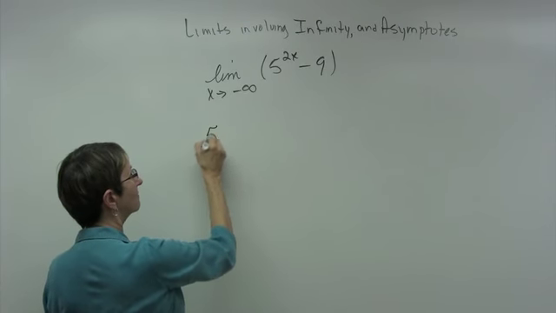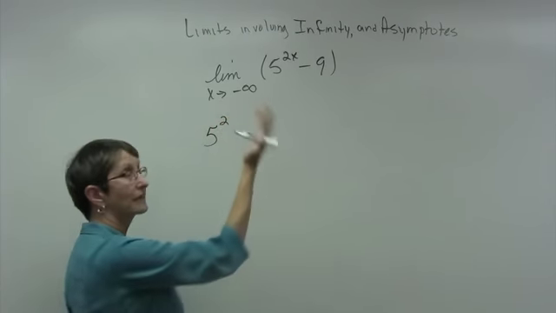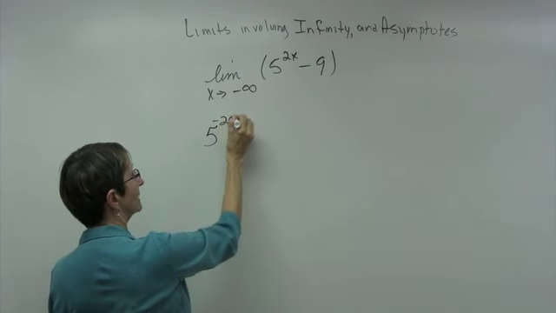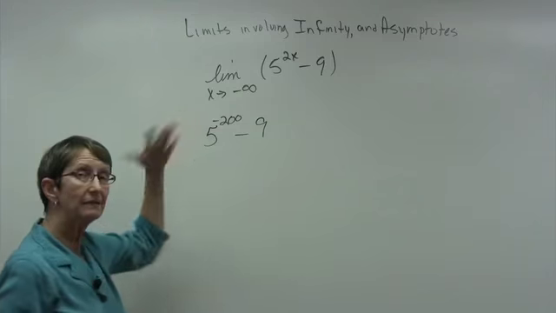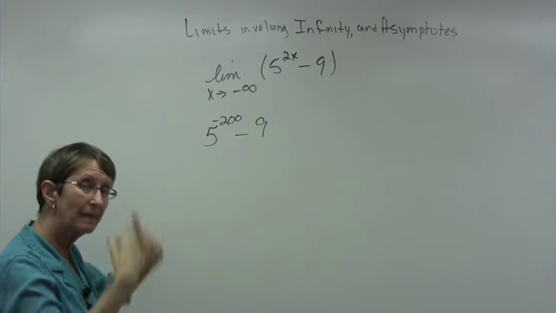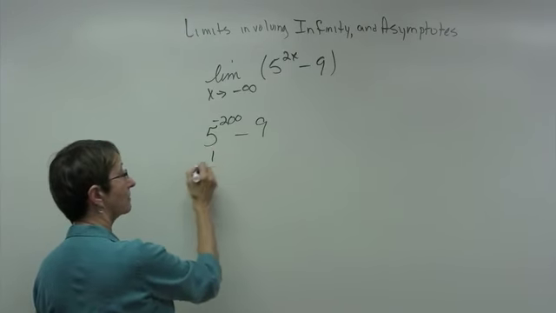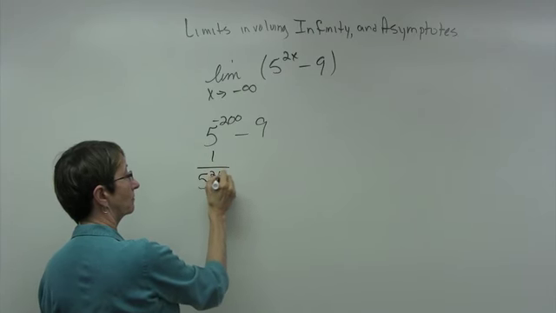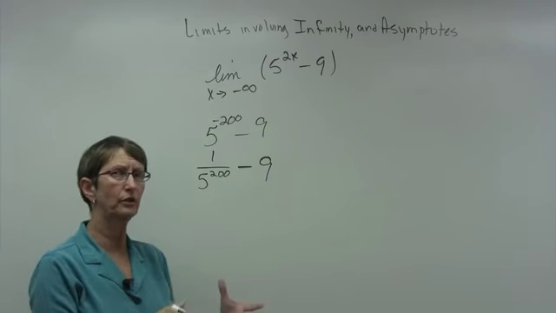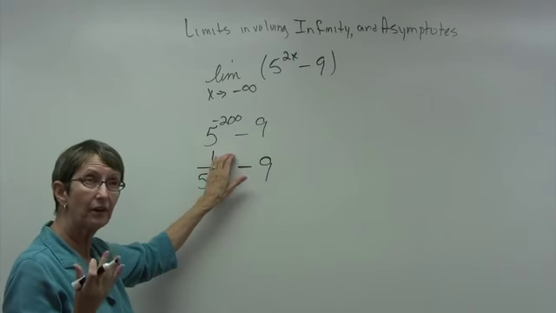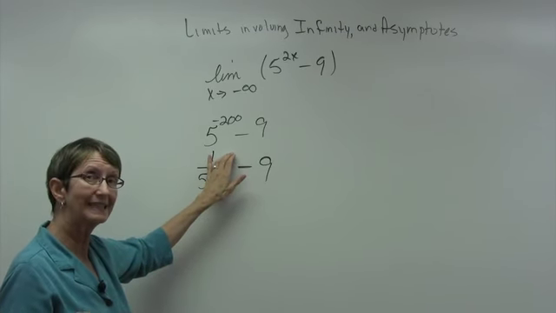Say I have 5 to the 2 times negative 100. 5 to the negative 100 minus 9. When I think negative exponents, I like to make them positive by putting them in the denominator. 1 over 5 to the 200th. Well, 1/5 is 0.2. That's already a decimal.